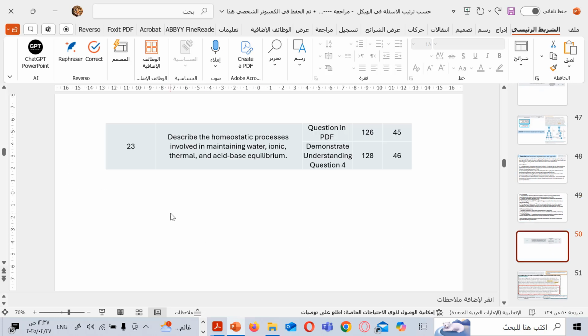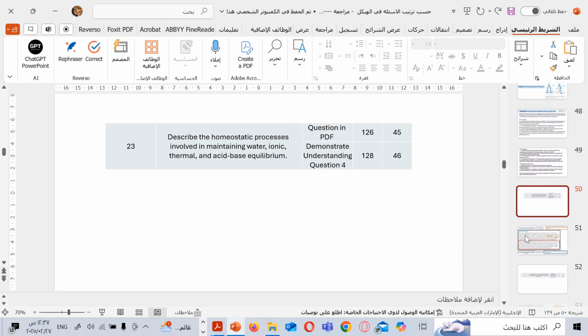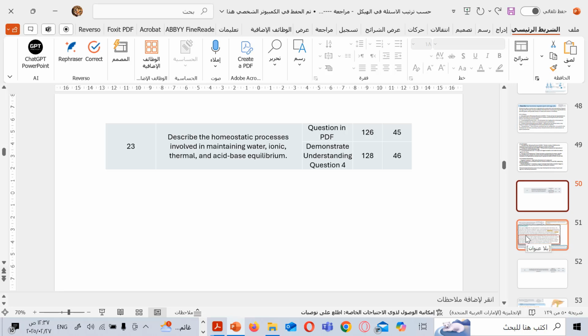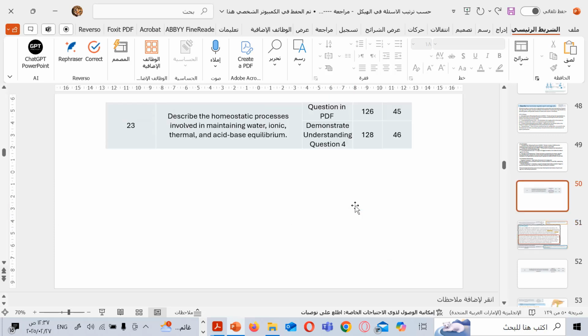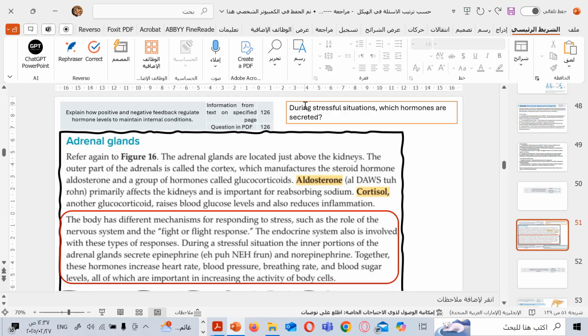Right, question 23 and the PDF. Demonstrate question 4. Let us see what about this. We took this question before. I remember this one by the zigzag line and red line.